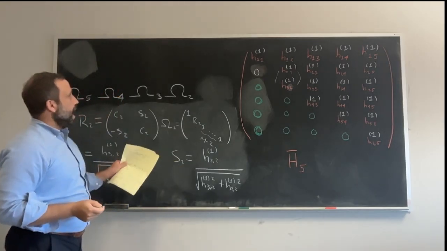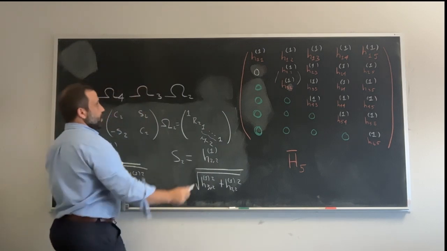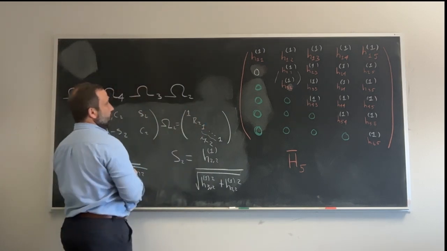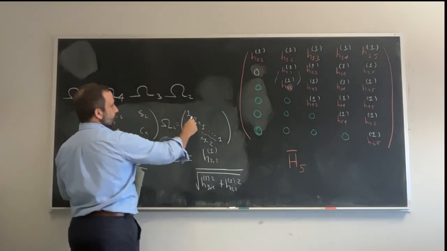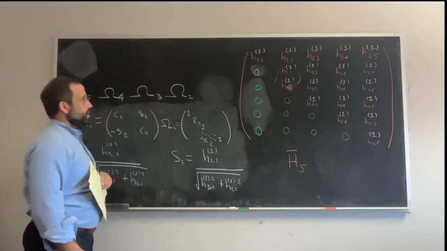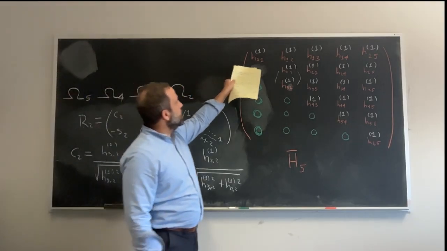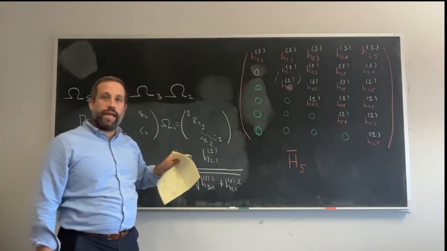Because you have zeros here and the H11 there, the H11 is going to multiply by that, which keeps it as a 1, and everything else that's non-zero and non-1 is going to be multiplied by zeros. So after you apply omega 2, this H11 will stay the same.